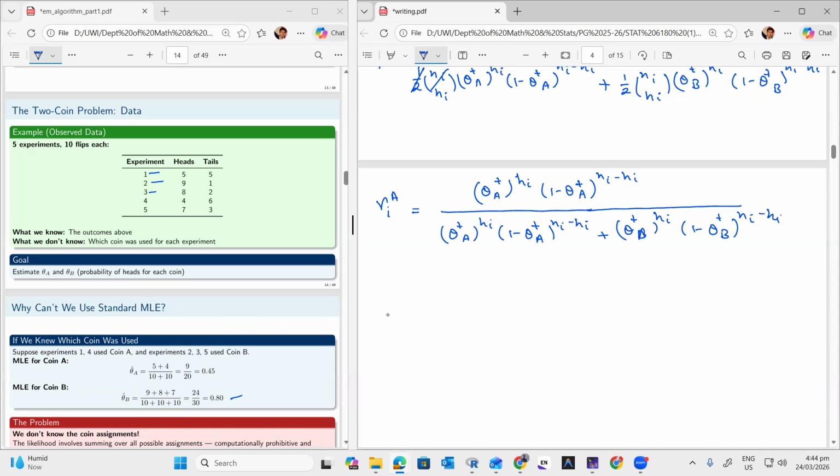Right, so that is basically the form of gamma Ia.